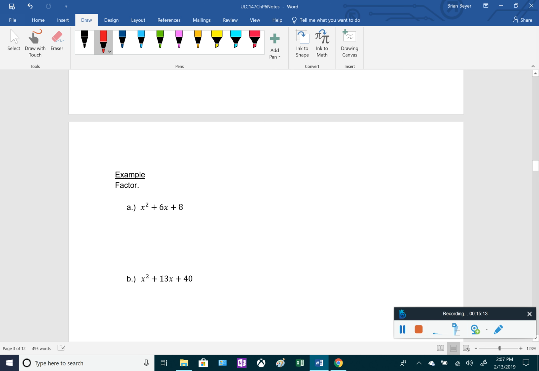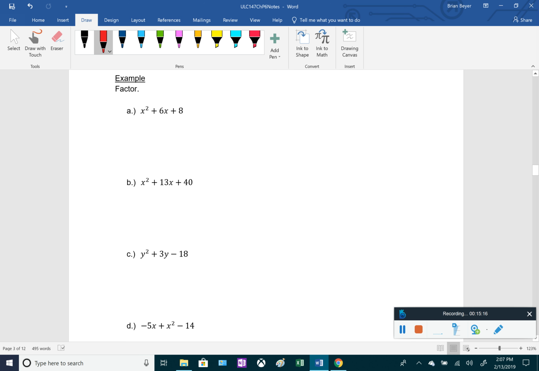So let's do some examples here. We have x squared plus 6x plus 8, and we want to factor that. We have to think of two numbers. First we recognize that there's a coefficient of 1 on the x squared, a trinomial in this form. We have to think of two numbers that multiply to 8 and also add to 6.